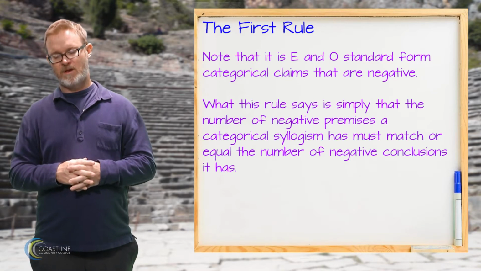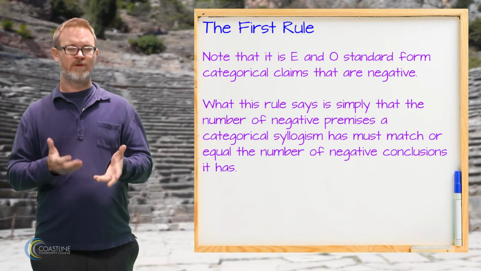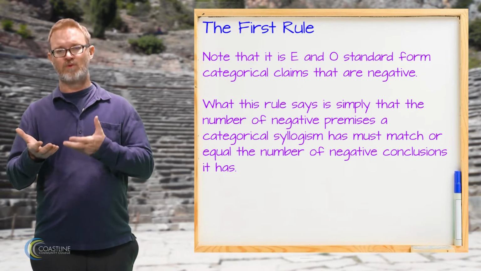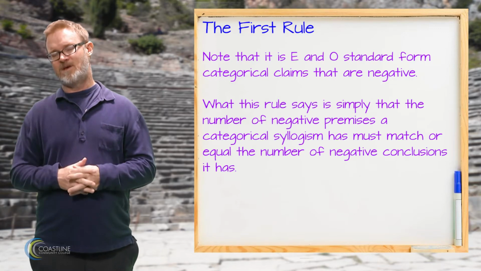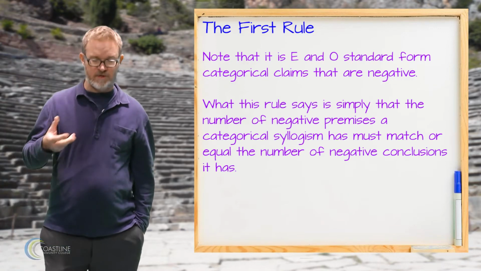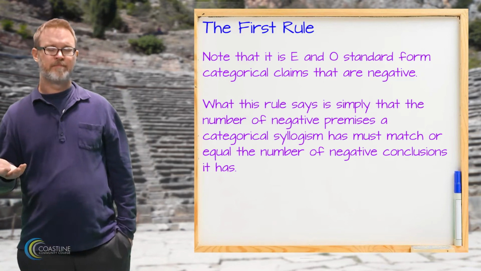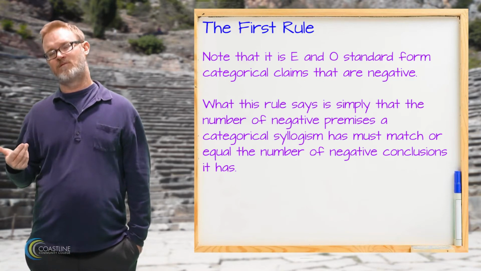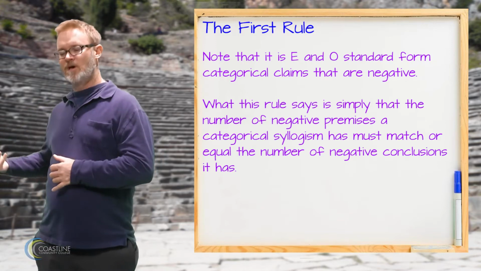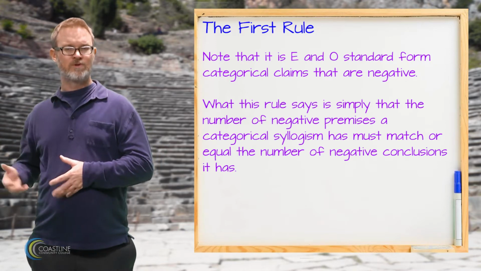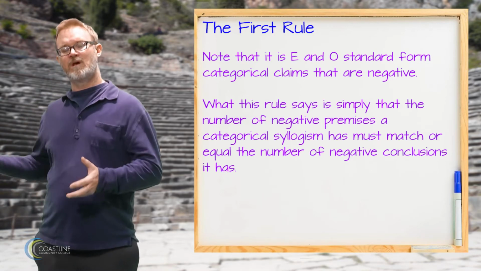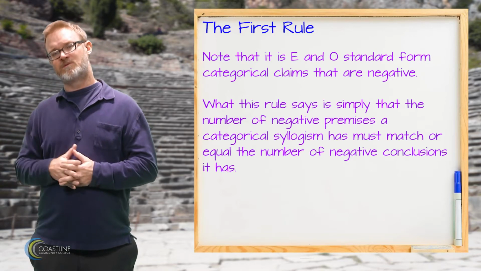Can't have two negative conclusions. You can only have one because there is only one. So if you have two negative premises, automatically rule one fails and the argument is invalid. Secondly, obviously, if there's a negative premise, the conclusion would have to be negative. It has to equal in that sense. One negative premise and a negative conclusion, and the rule would pass. If you have a negative premise and an affirmative conclusion, the rule is going to fail.